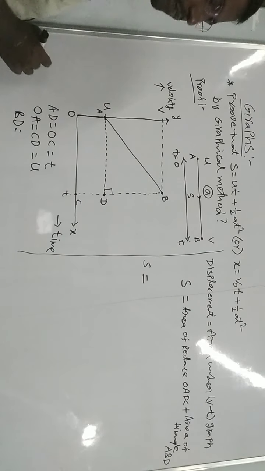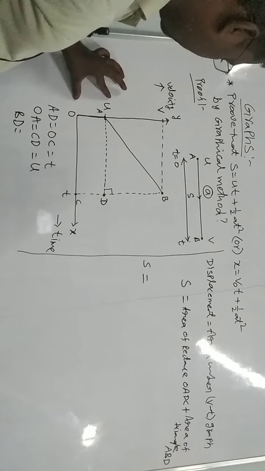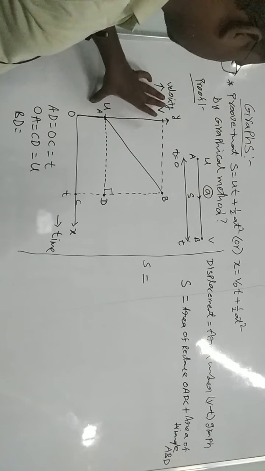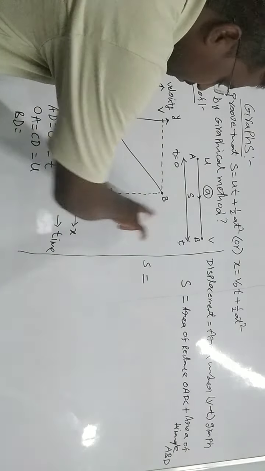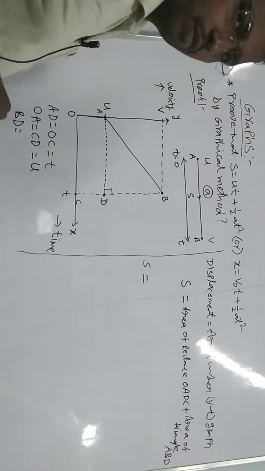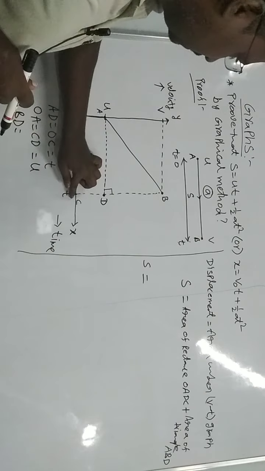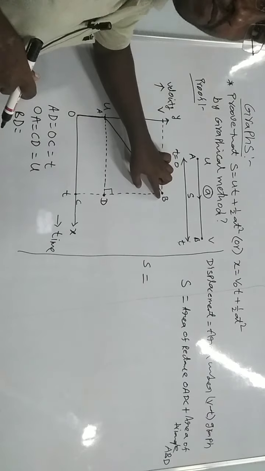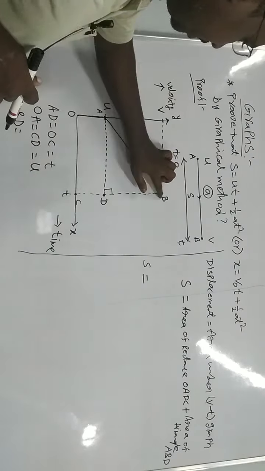Similarly, what is the BD value? You see this side, OA is U and this point C, B point, both are the same.